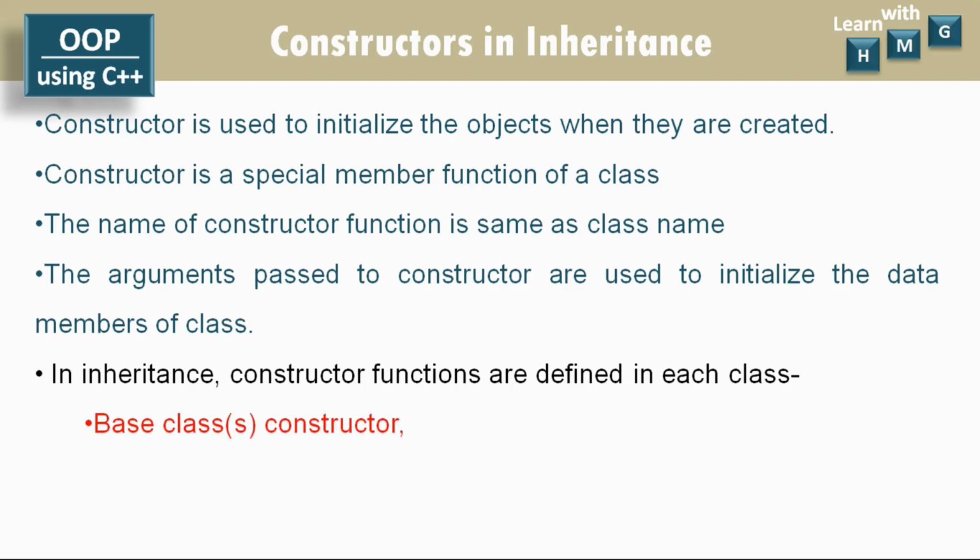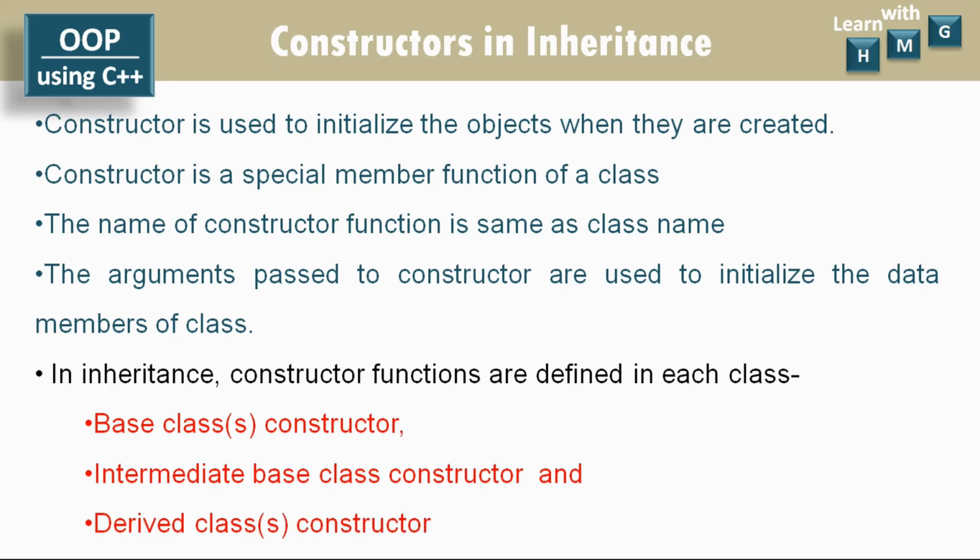So there will be the base class or base classes constructors, then the intermediate base class constructor if there is one, and of course the derived class constructor, or if there are multiple derived classes, then each derived class will have a constructor. So whenever you use constructors in inheritance, you have to focus on all the classes involved in that particular inheritance.